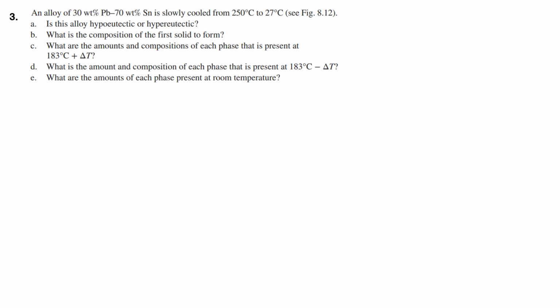An alloy of 30 weight percentage of lead and tin is slowly cooled from 250 to 27 degrees centigrade. We have been asked whether it is hypoeutectic or hypereutectic.